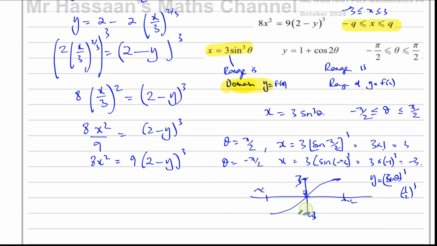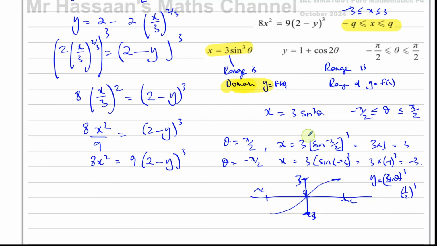So you can see that the range of this will never be beyond 3 or less than minus 3. It's always going to be highest 3, lowest minus 3, because this thing can never go above 1 or below minus 1. You've got values between minus 1 and 1 that it can be. If you cube 1, you get 1.